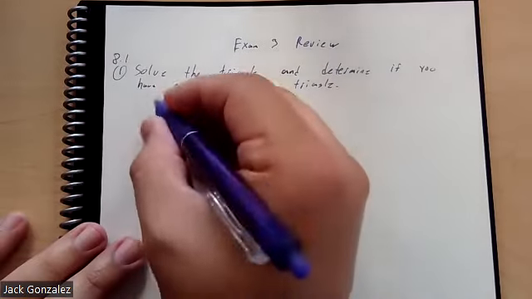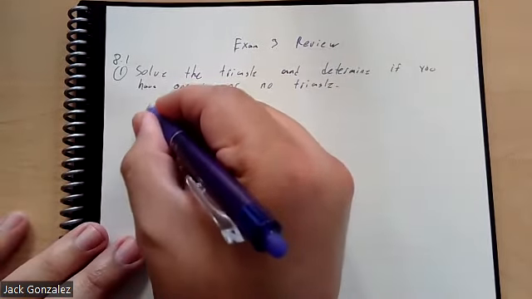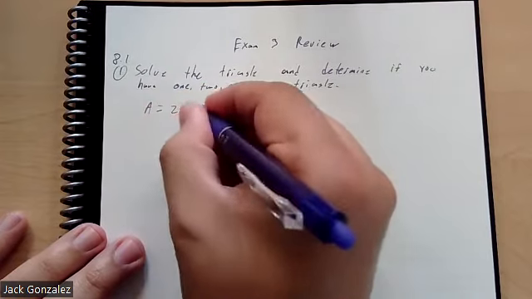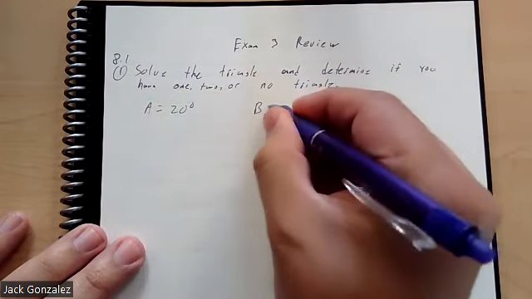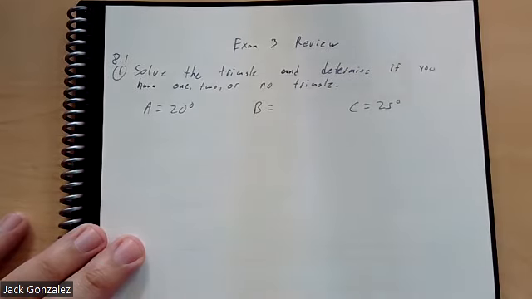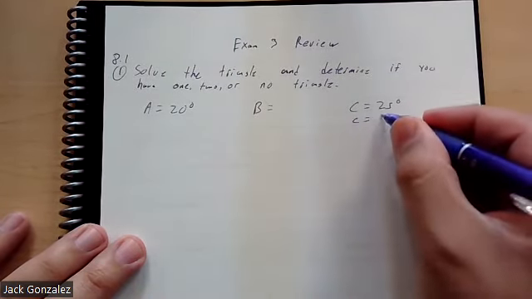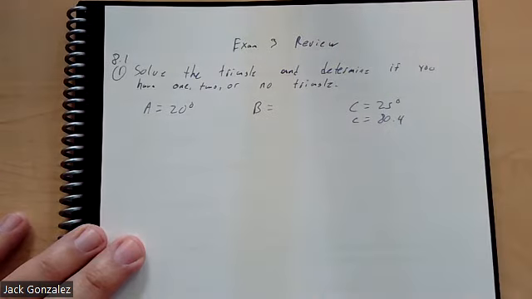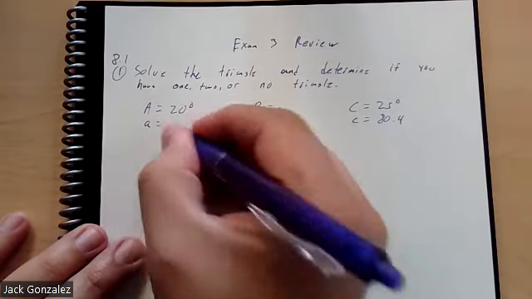So in this example, all they're going to give us is capital A, capital C, lowercase c, and that's it.